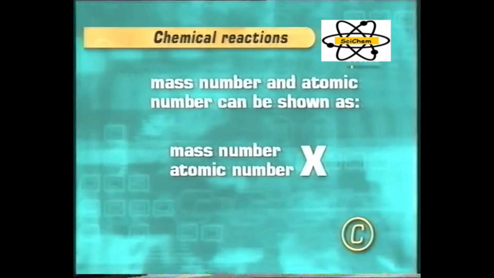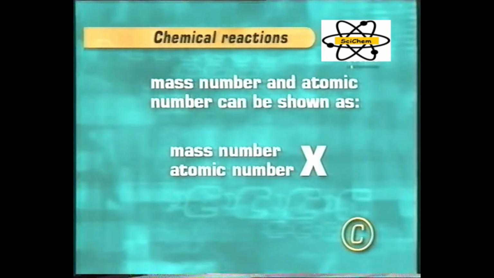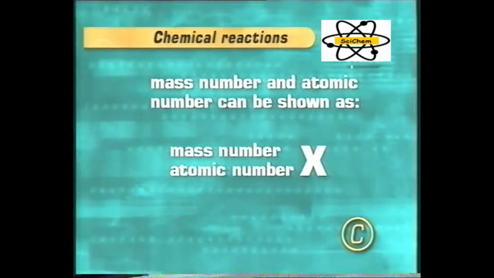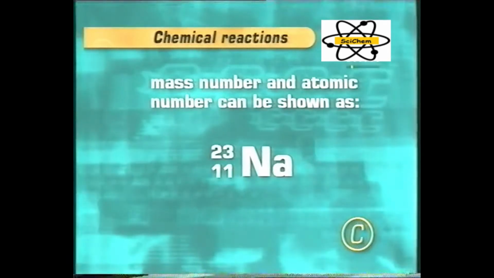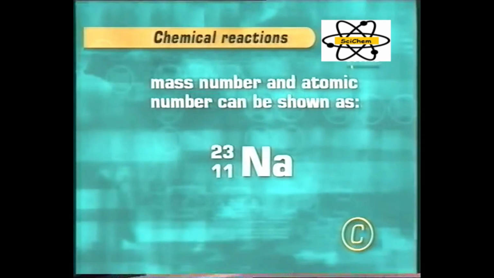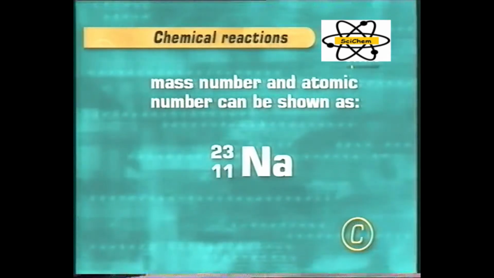To write the nuclide notation, mass number and atomic number can be shown beside the chemical symbol for an element, like this. For example, here's the nuclide notation for sodium. Its mass number is 23 and its atomic number is 11.